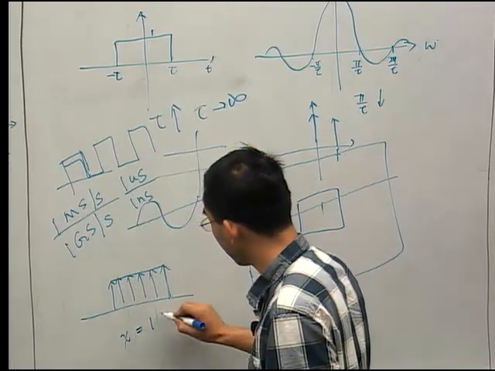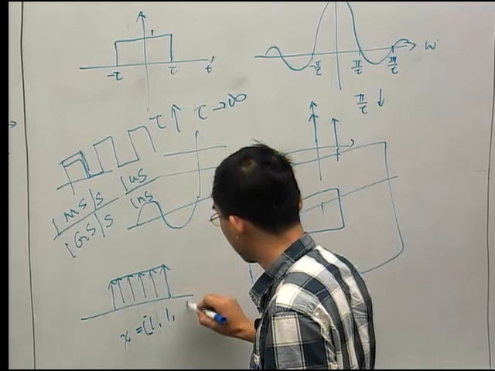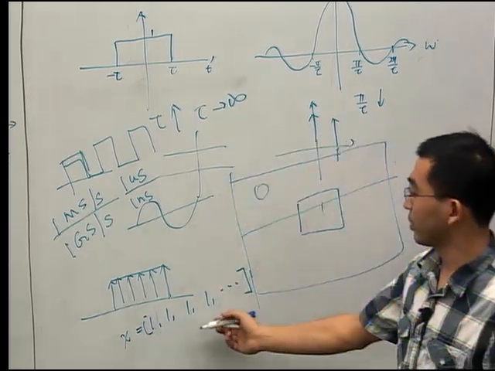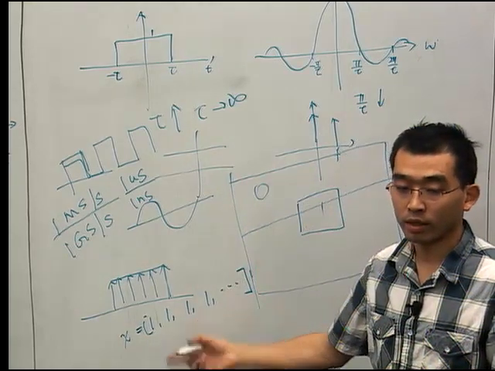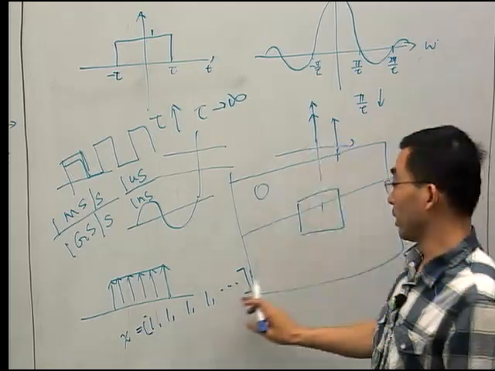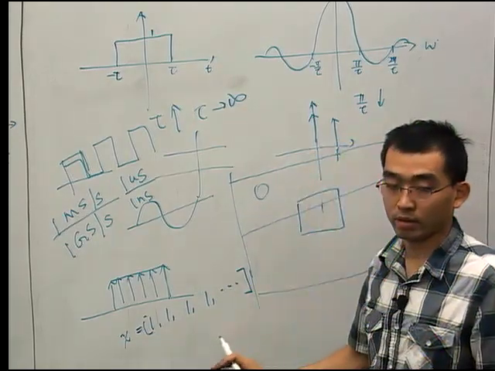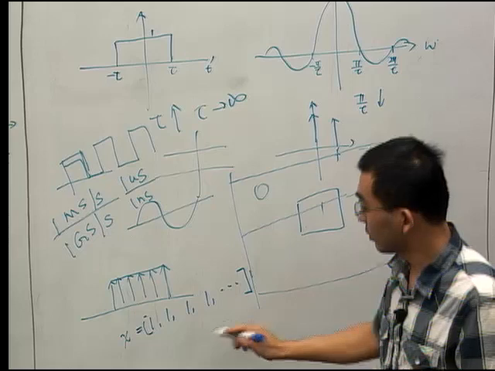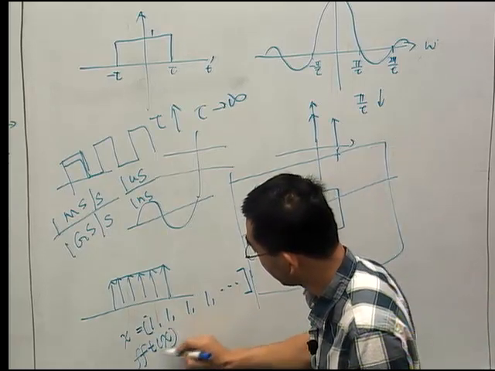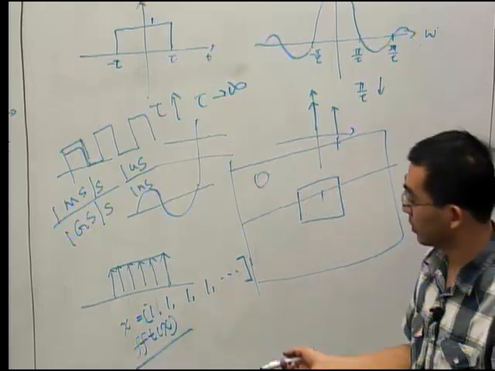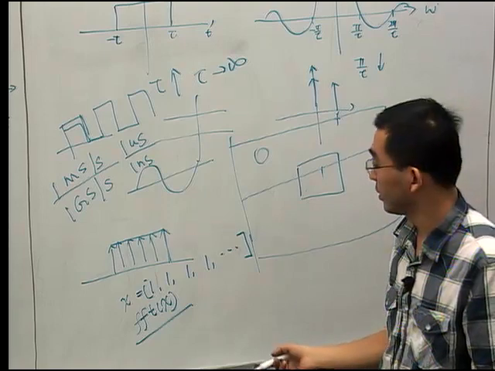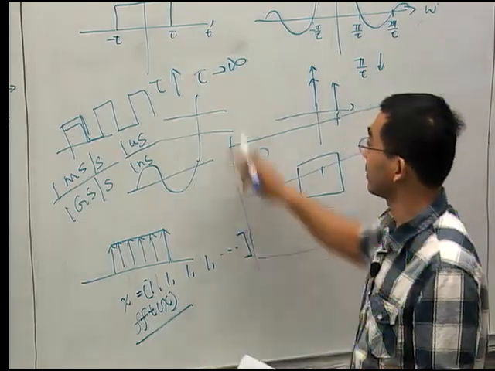They are all 1, 1, 1, 1. So what's its Fourier transform? You have all 1. No, if I do the Fourier transform of x, what will it look like? This is DC, right?